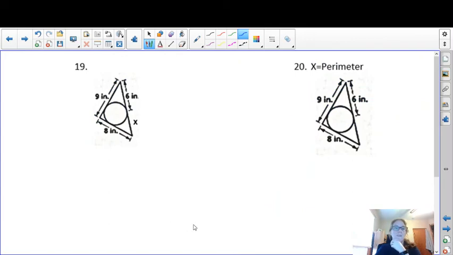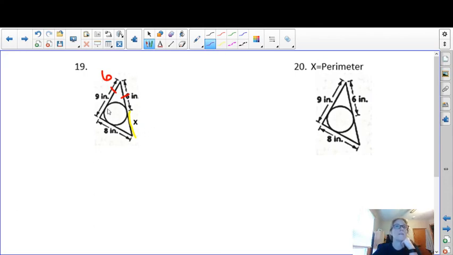All right, last two. So this one we're asked to find the value of x, and x is this distance right here. It's that last tangent spot. So I need to go around and find the other ones in order to figure that out. So if this one's 6, this one's 6. If this whole thing is 9, sorry you can't see what I'm showing you.